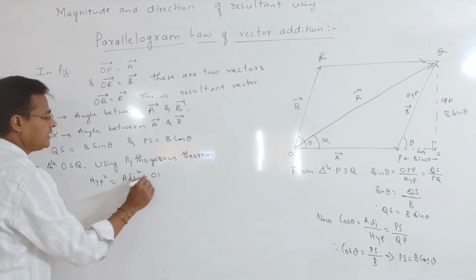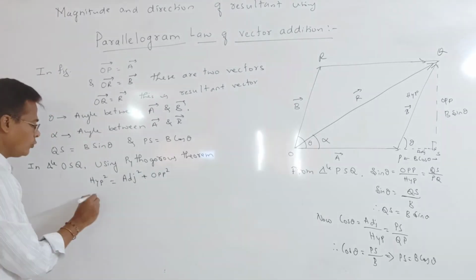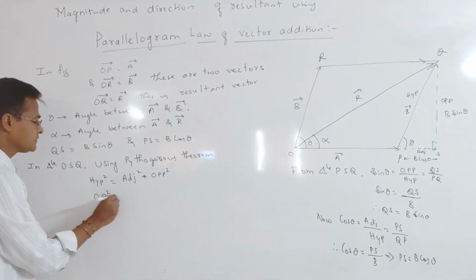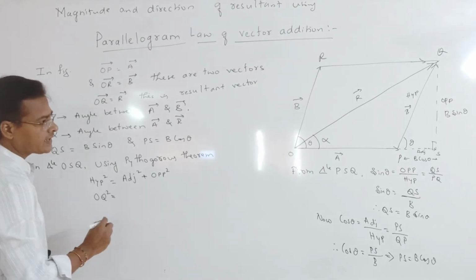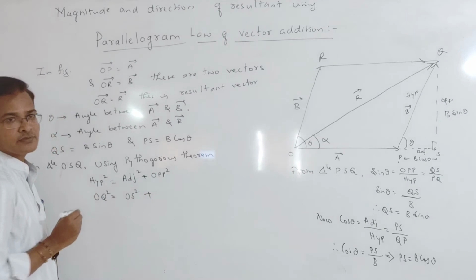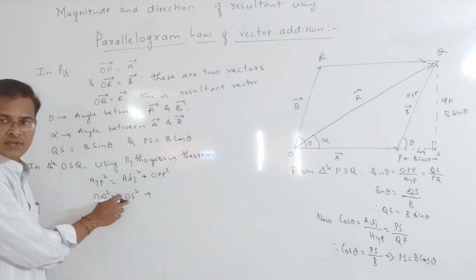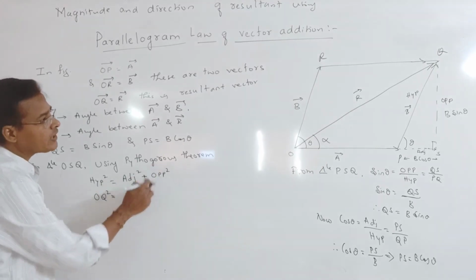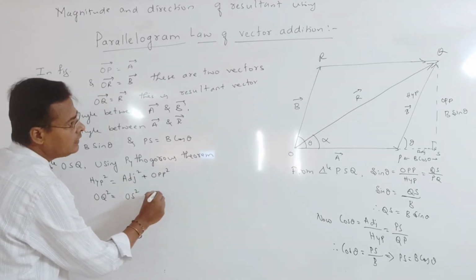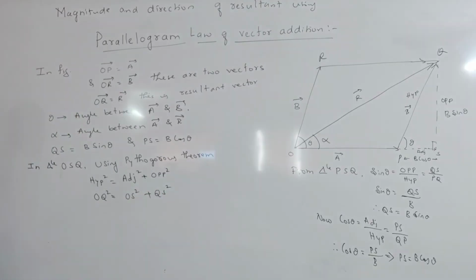The hypotenuse is OQ, so OQ square. Adjacent is OS square, plus the opposite square, QS square. Correct?